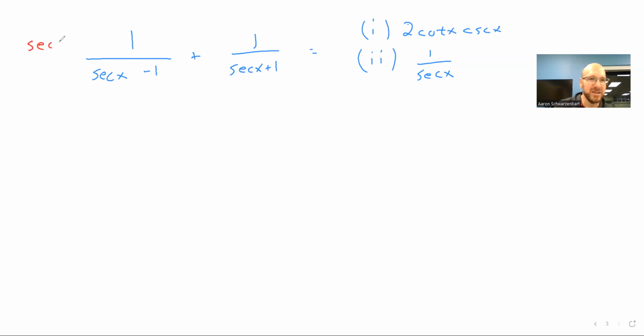I'm just going to start working on it though and going, I need a common denominator. I know I'm going to need a common denominator, so I'm just going to start there. And so I'm multiplying by a clever name for 1, that is the opposite denominator.